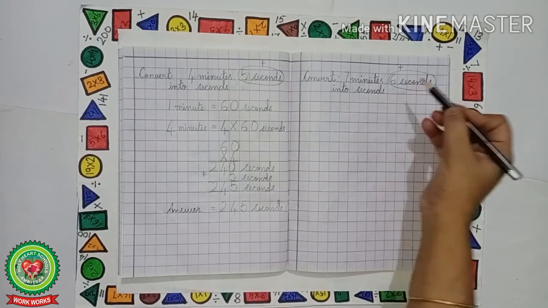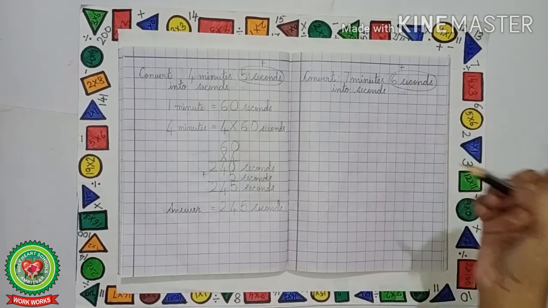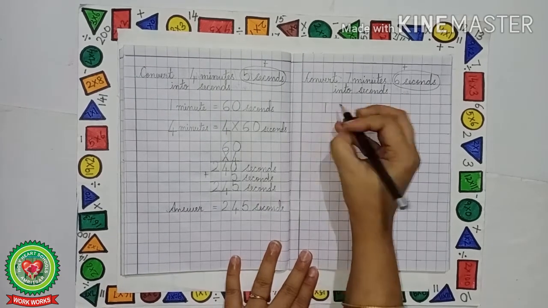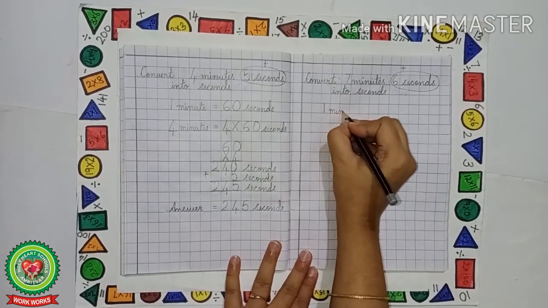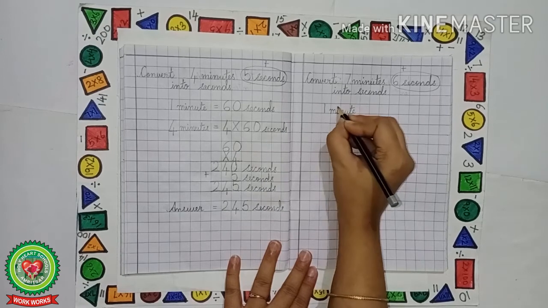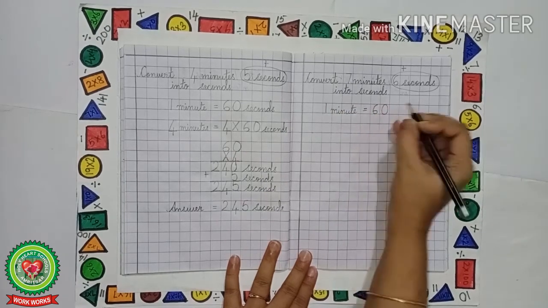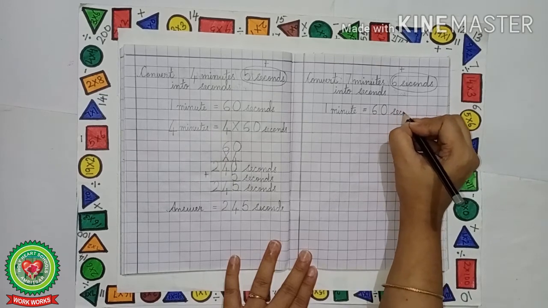Then we will add this 6 seconds into it. So, as we know kids, 1 minute is equal to 60 seconds. So, we will write over here 1 minute is equal to 60 seconds.